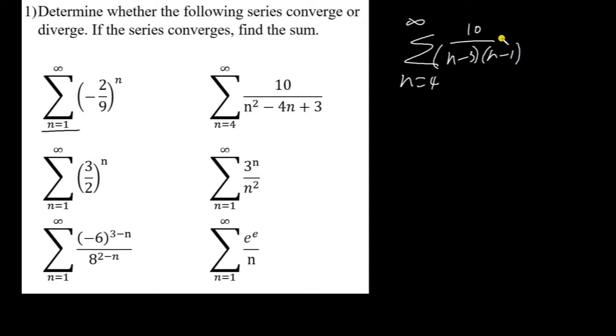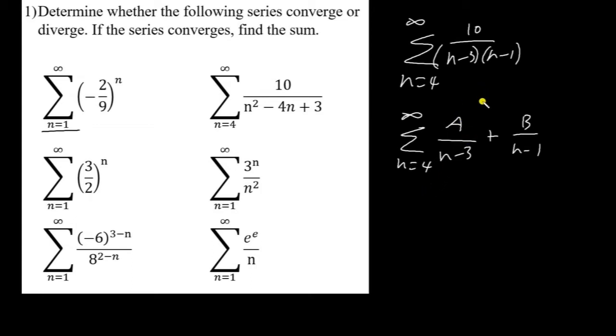Now we're going to use a very neat trick that you can read about if you don't know, but if you do know, we're going to use it. We're splitting it up into two different things, right? One thing will have a denominator of n minus 3, and the second thing will have a denominator of n minus 1, and then we'll have two constants, a and b.